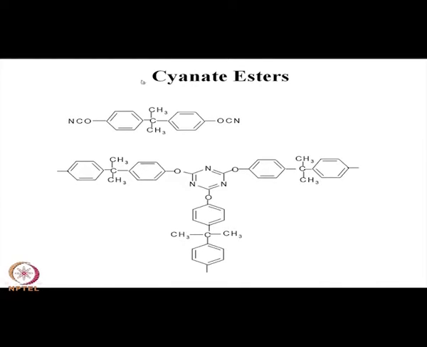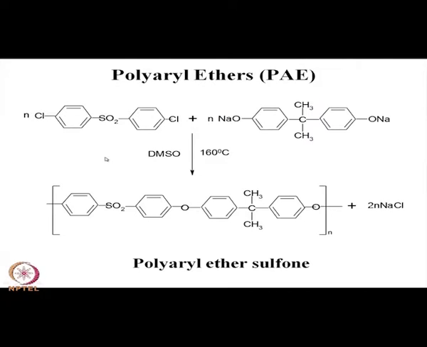Other examples, cyanate esters, forming these cyanate groups, cyanate esters can be formed. The formula is like this. And polyaryl ethers, polyaryl ether sulfone, you see this is actually sulfonyl diphenyl sulfone, sulfonyl chloride.